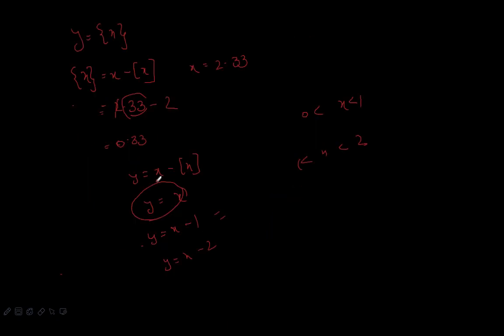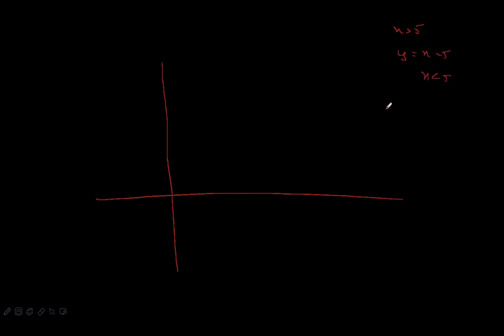Now let us draw the graph. For x greater than 5, y equal to x minus 5. For x less than 5, y is 5 minus x. Now this is 5.